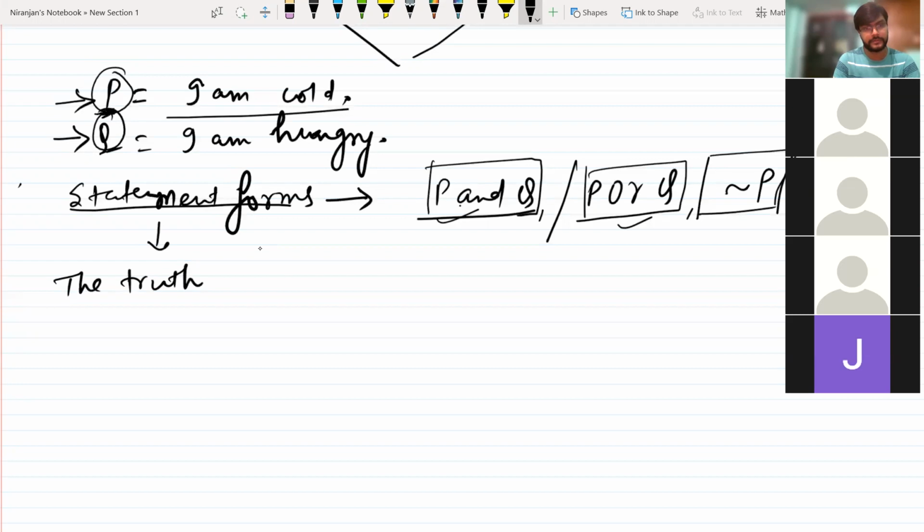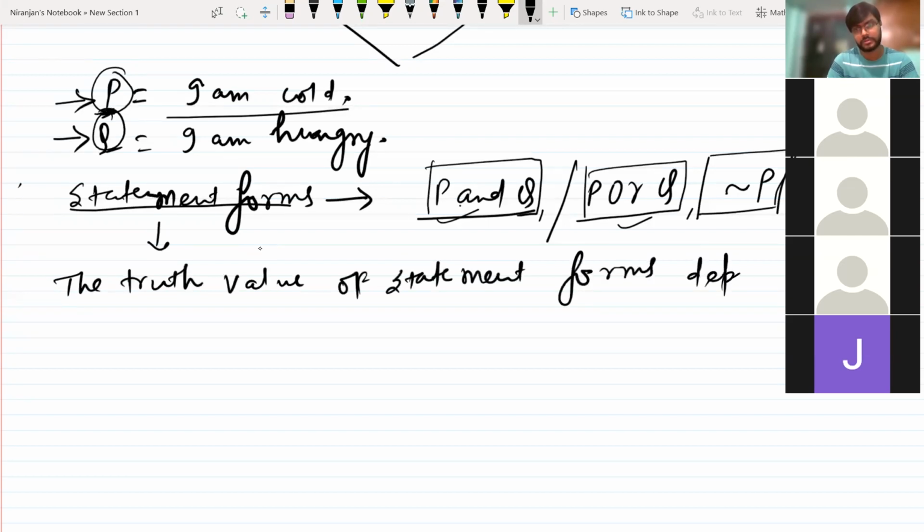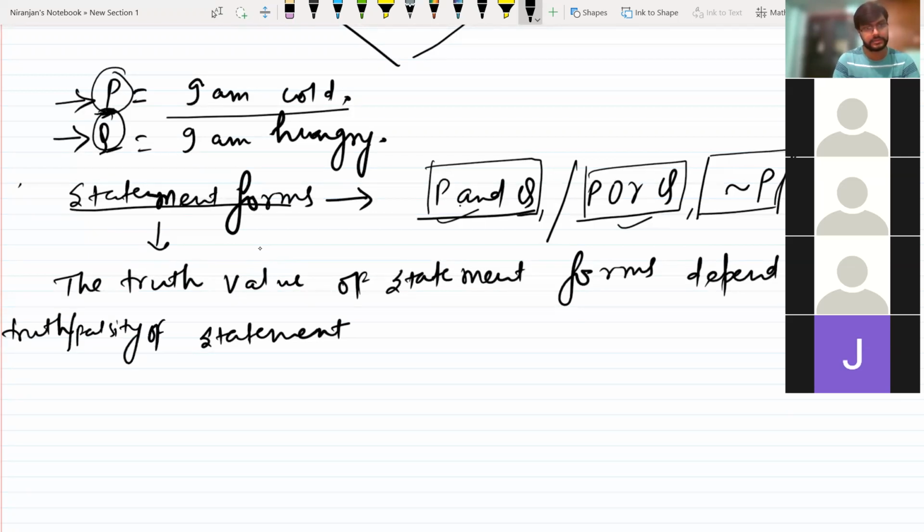The truth value of statement forms depend upon truth or falsity of specific statements.